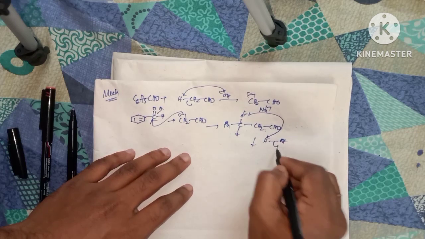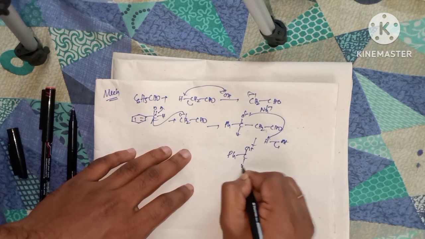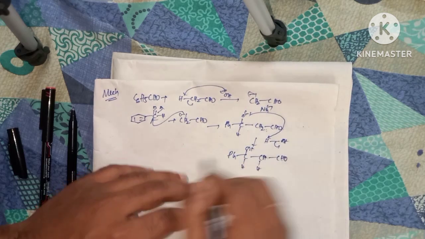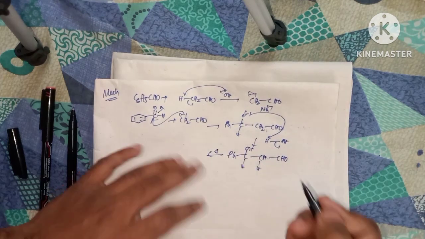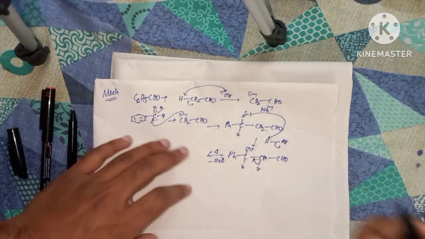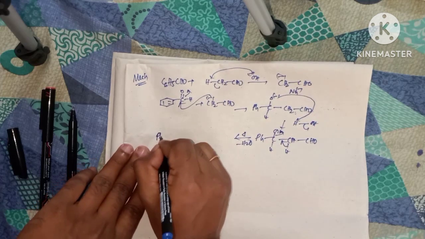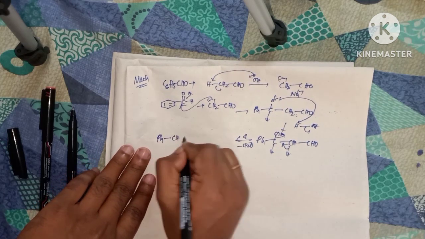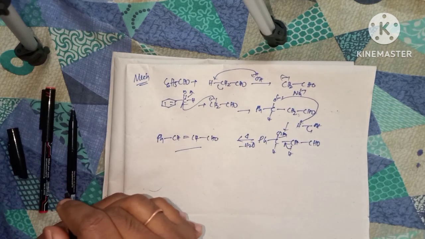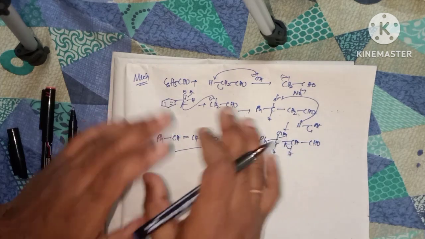It takes hydrogen to form C6H5CH(OH)CH2CHO. If you heat this reaction, it releases water and forms the alpha beta unsaturated product, C6H5CH double bond CHCHO. This is the product, and this is called cinnamaldehyde.